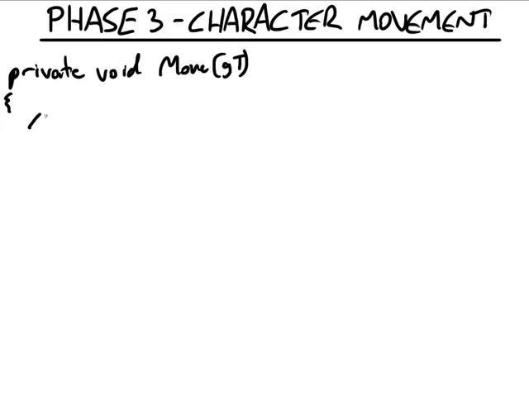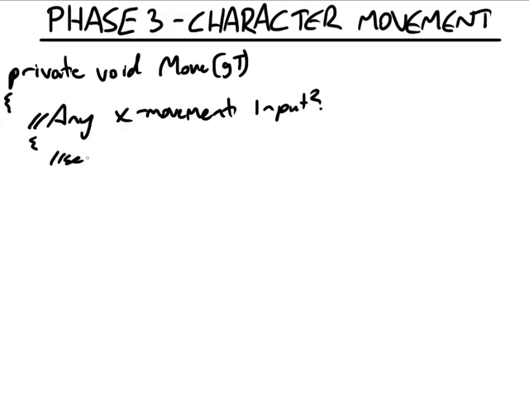Let's say, if, oh, let's not put if, let's put any X movement input. And if there is, then we'd better do some things. So we'll set up our speed. Set X speed. And then we'll set our facing direction as well.